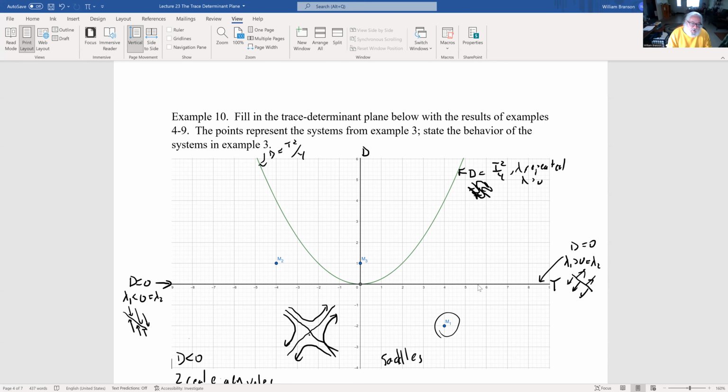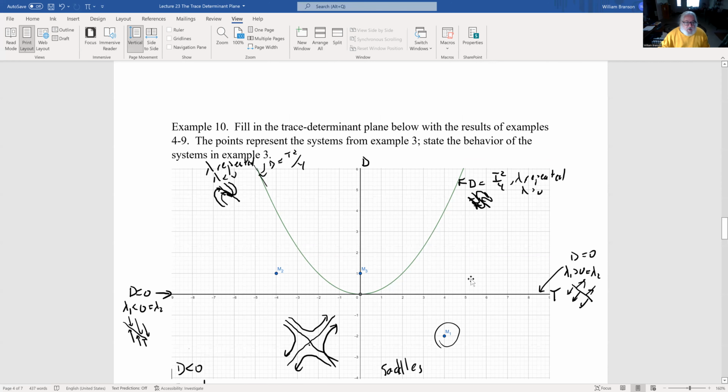And over here, anywhere on this part, we have lambda repeated and negative, because we've got a negative t there. And so here, our solutions will look like this as they come in. That's what repeated eigenvalues look like.